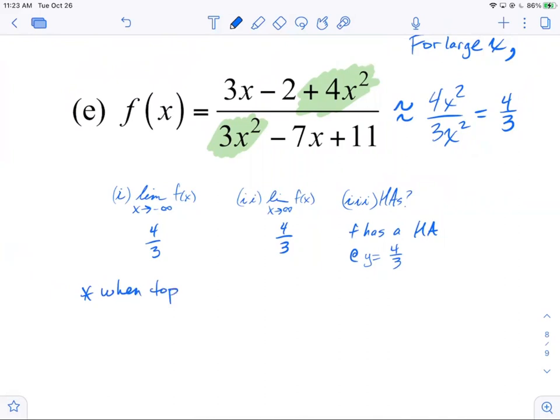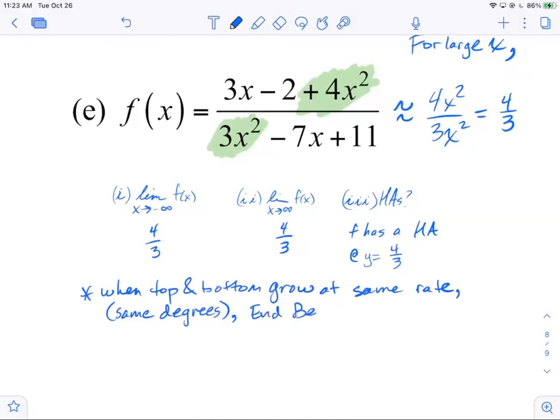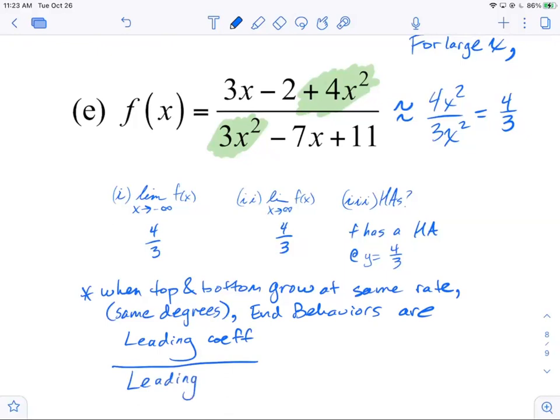When the top, which I write instead of the numerator, and the bottom grow at the same rate, and if you want to add a little note to yourself, same exponents, same degree, the end behaviors are going to be leading coefficient, and I'll abbreviate coefficient COEFF, over leading coefficient.